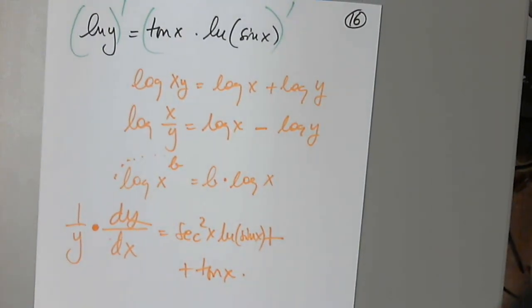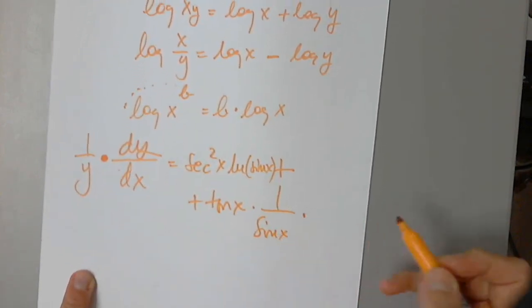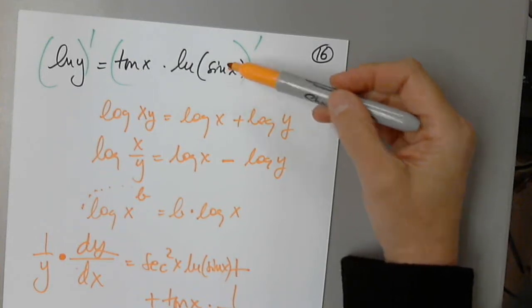I'm differentiating natural log of sine x. What do I write? 1 over sine x multiplied by cosine.